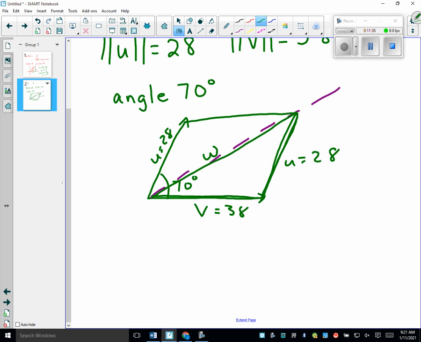Well, I can't use tangent because I don't have a right triangle. In a parallelogram, I don't know what you remember about them, but consecutive angles are supplementary.